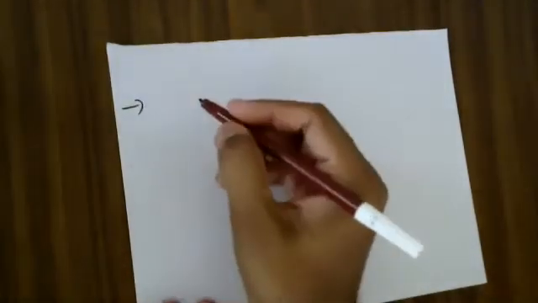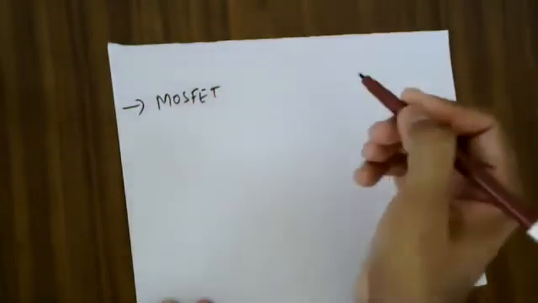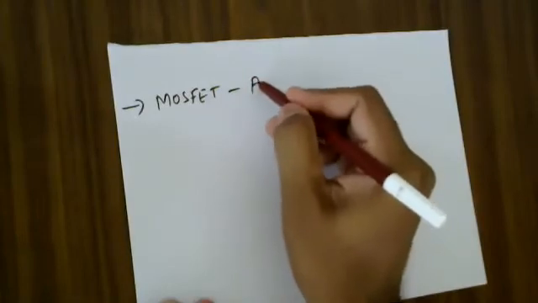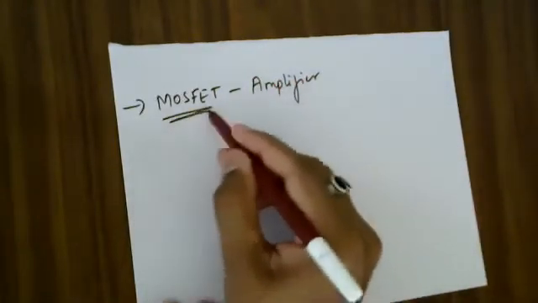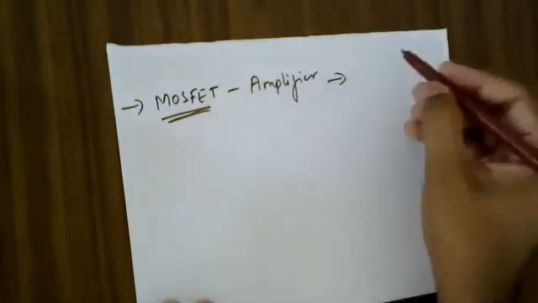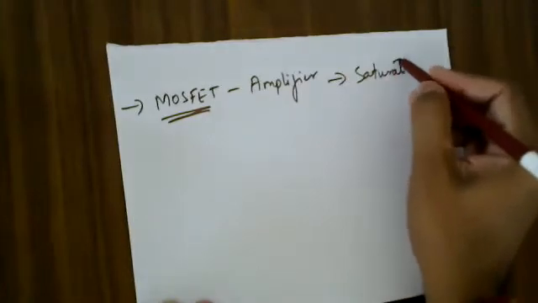What is important to remember here is that whenever I use my MOSFET to work like an amplifier, I should see to it that my MOSFET is biased such that it is in the saturation region.